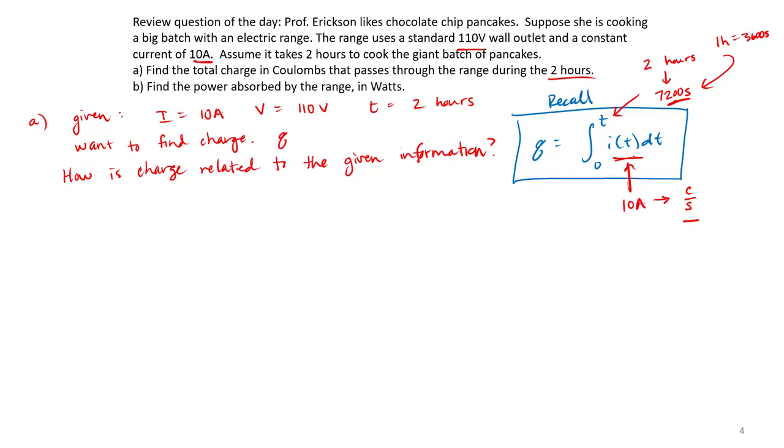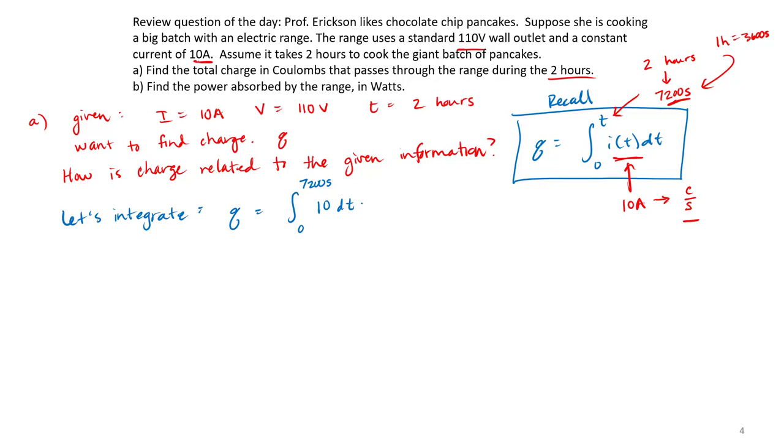All we need to do here is integrate, and we can find our desired result. So let's integrate. In this case, Q will be the integral from 0 to 7,200 seconds of 10 dt.